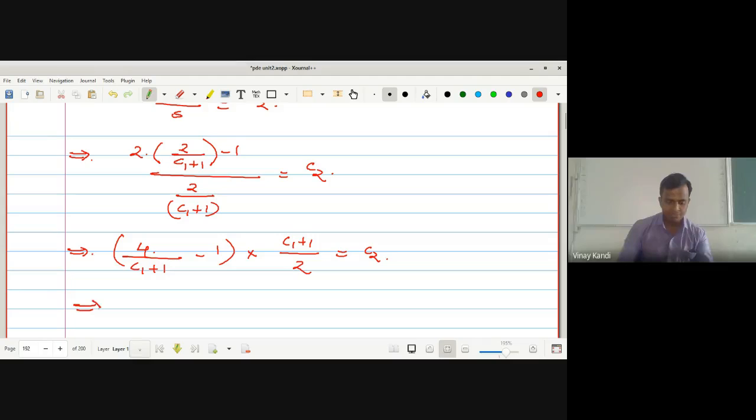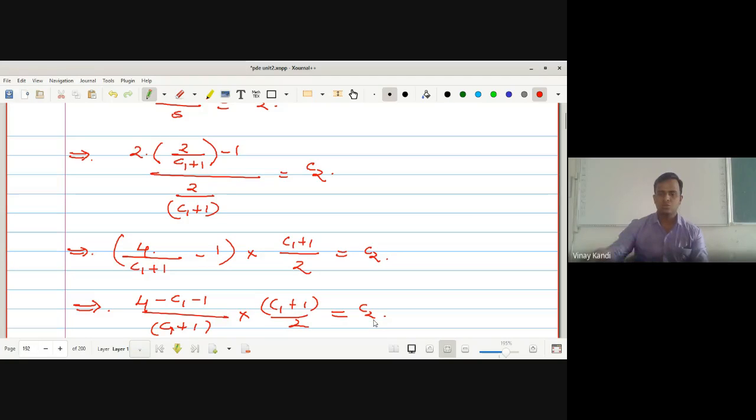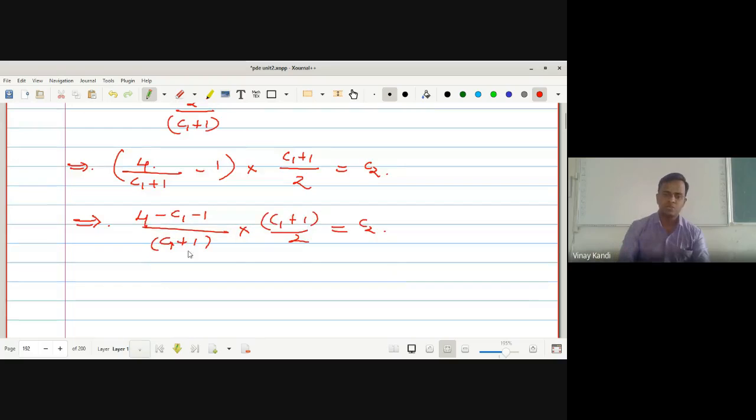Now tell me the relation between c1 and c2 by solving this one. Here (c1 plus 1) and (c1 plus 1) get cancelled.